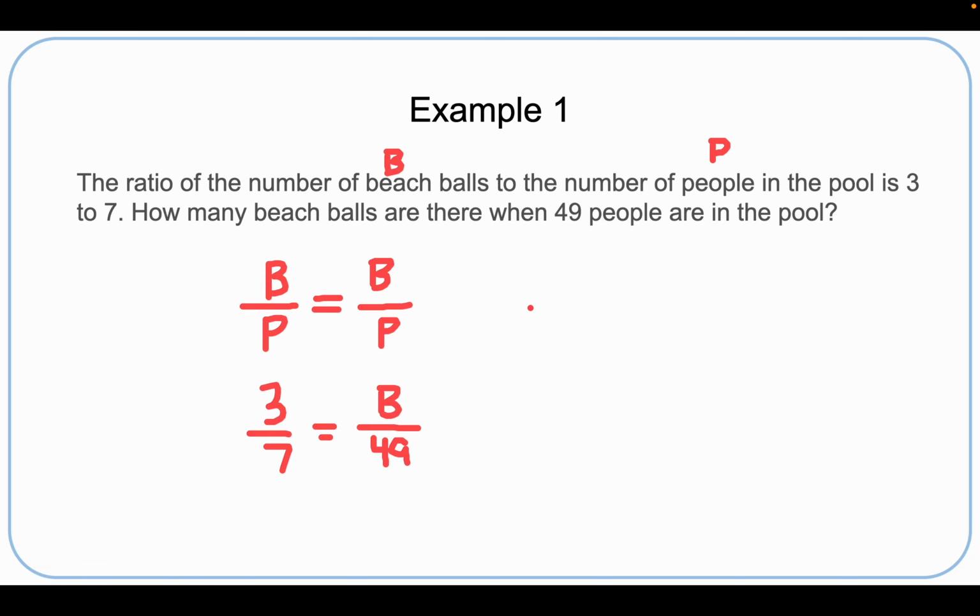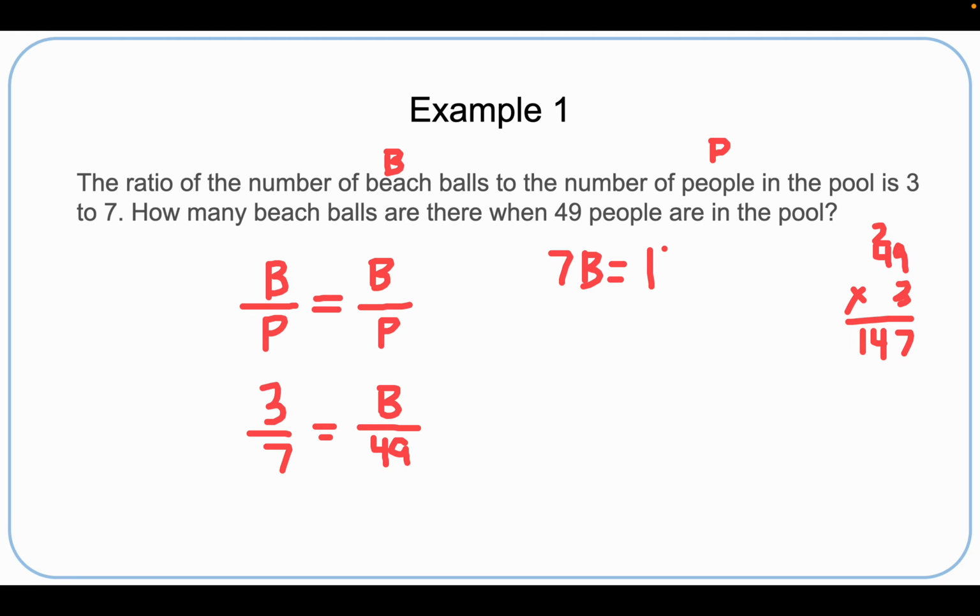So then we would get 7 times B, so 7B equals 49 times 3. So I'm going to do that over here. 49 times 3. Let's see, that's 27, 12, 14, 147.